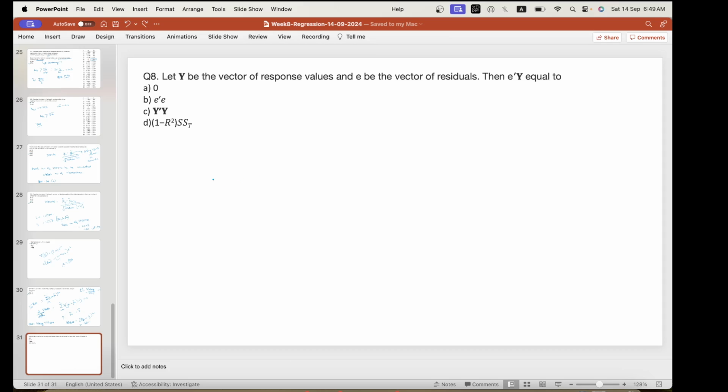So the question says: let y be the vector of response values and e be the vector of residuals, then e prime y equals how much?